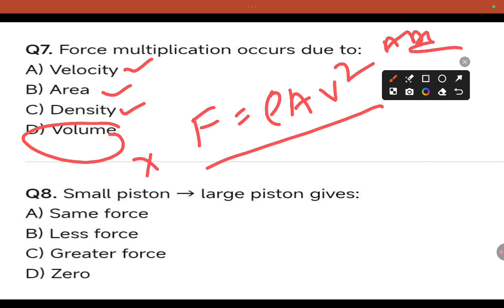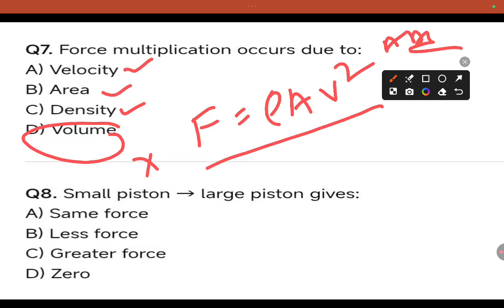Small piston, larger piston gives. Tell me, small piston, larger piston gives. The question is wrong. Small piston to large piston gives. I will check the question.